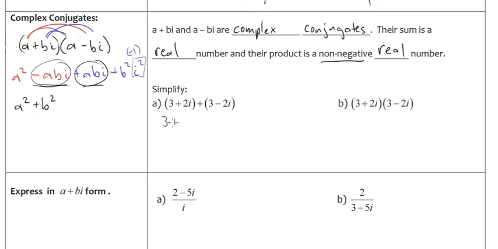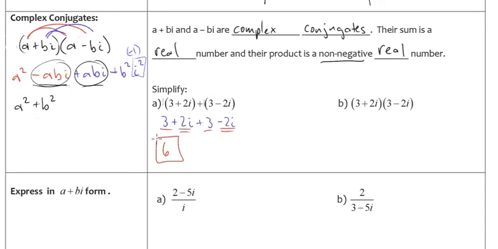That's 3 plus 2i, because there's a coefficient of 1 if you want to distribute it out, think of it that way. And again, a coefficient of 1, so plus 3 and minus 2i. Combine your like terms, 3 plus 3 is 6, and then 2i minus 2i is 0. Those cancel out, so we have 6 here.